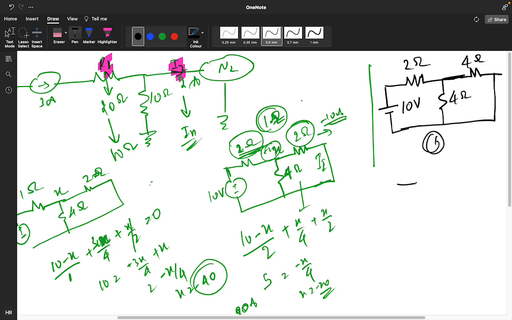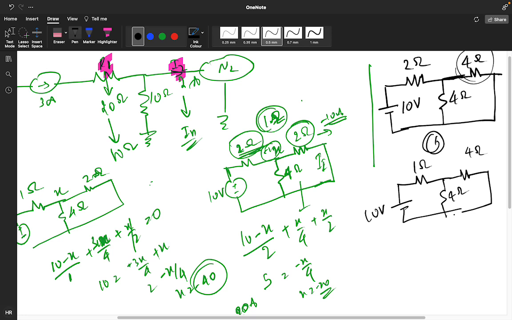Now in a second circuit, what you are doing is decreasing the value of this particular resistor by half, and your voltage remains the same, and this resistor remains the same, and this resistor remains the same.